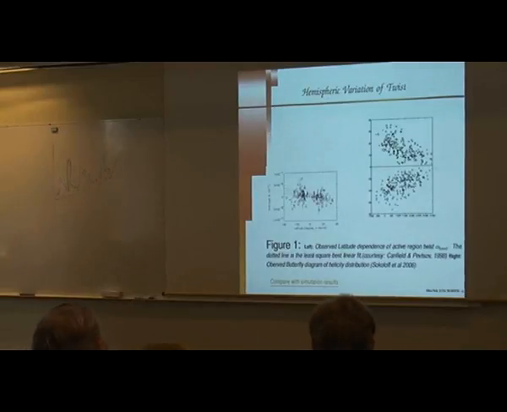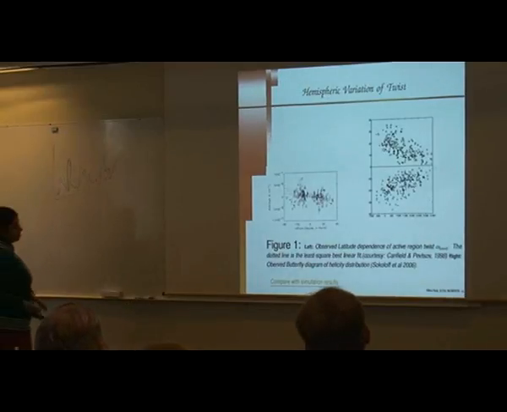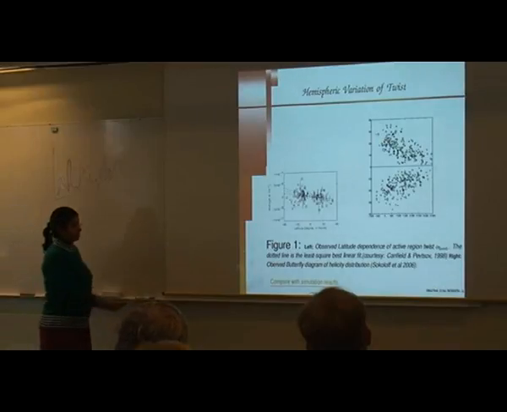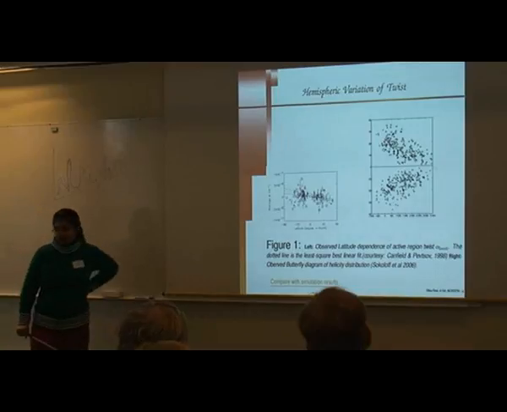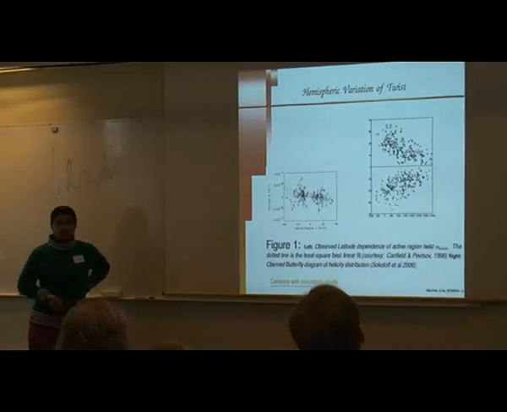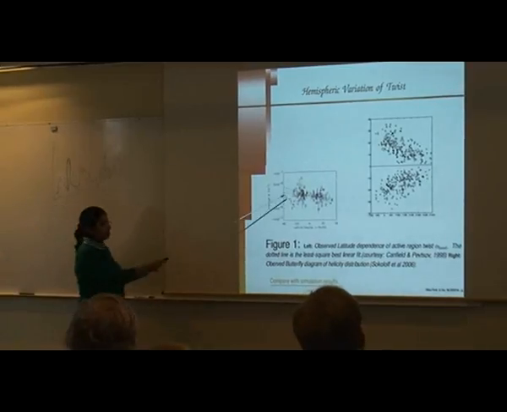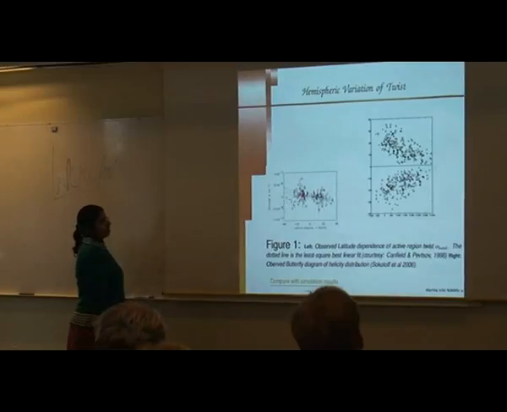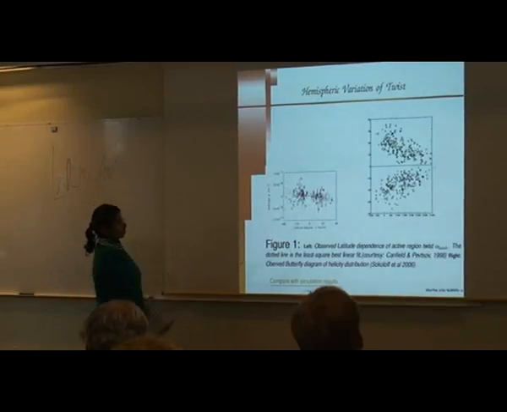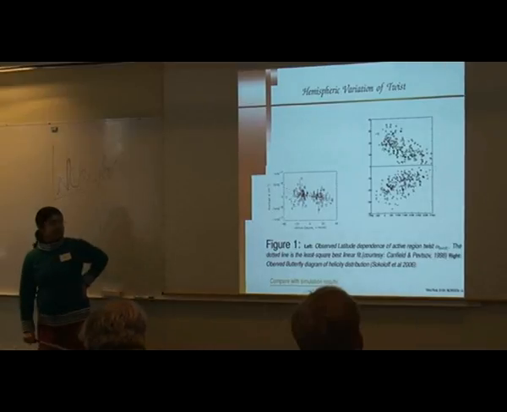Now this is just one slide which I've kept for observations, because Kuridze talked about observations in detail. This figure is from Canfield and Pevtsov. They analyzed the solar magnetograms from Mees Solar Observatory from 1988 to 96, and they found that predominantly most of the active regions in the southern hemisphere have positive helicity, and those in the northern hemisphere have negative helicity.